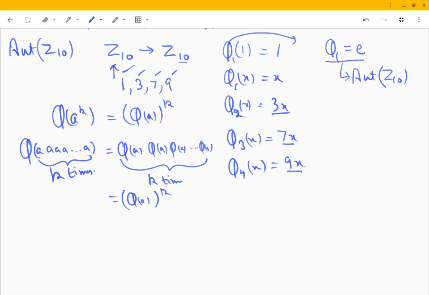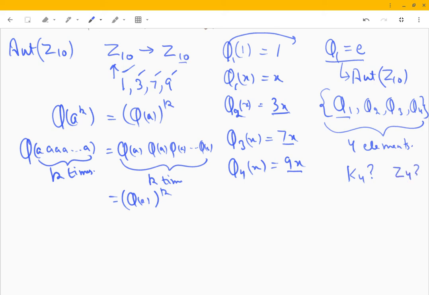So now this Aut Z10, this group, will contain phi 1, phi 2, phi 3, and phi 4, where this is the identity map, also the identity element. Okay? Now, interesting. So we got a group which has 4 elements. So what is it?